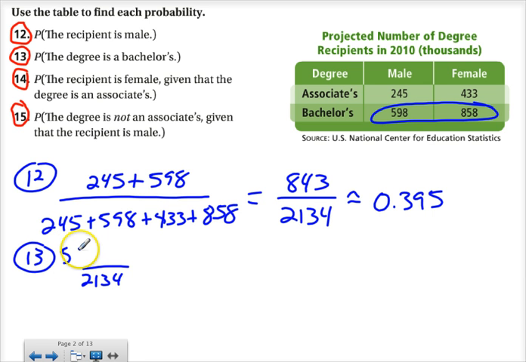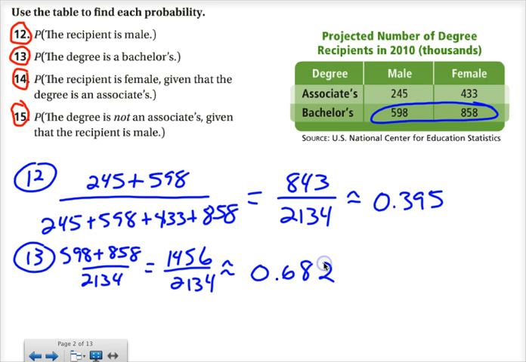So we have some males and some females. 598 plus 858 that have managed to get a bachelor's degree. So in number 13, when you add those two together, you get 1,456 over our total of 2134, and that comes out to approximately 0.682.